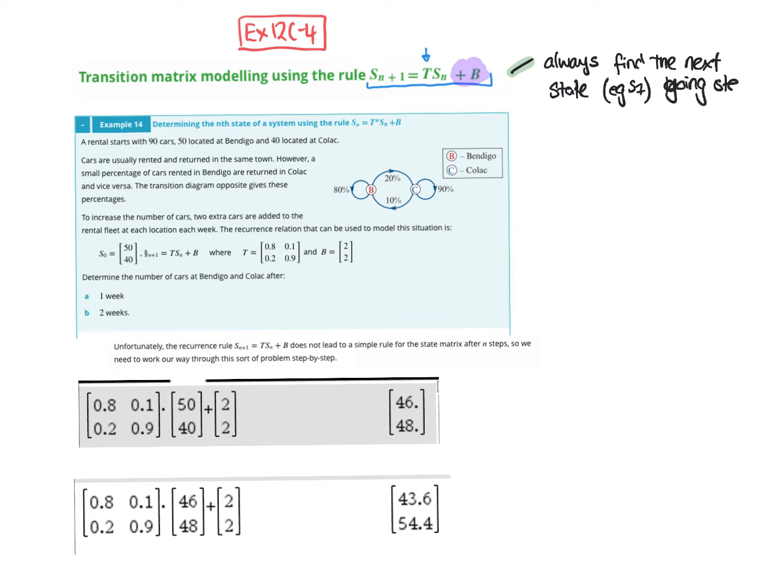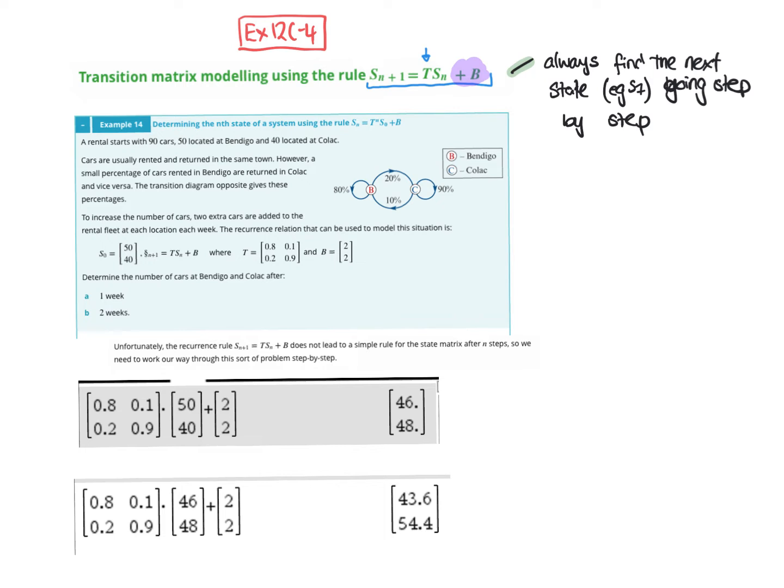You can't use the power trick. If you want to go to S3, you have to simply keep going through them and find S1, then S2, and then S3. Okay, so let's have a look at this example here.